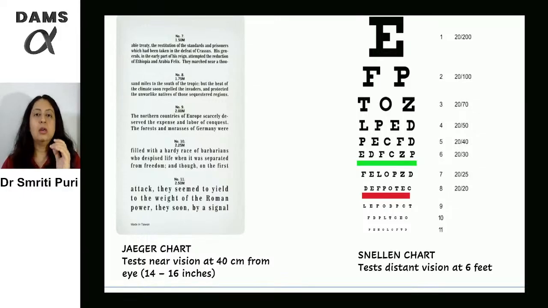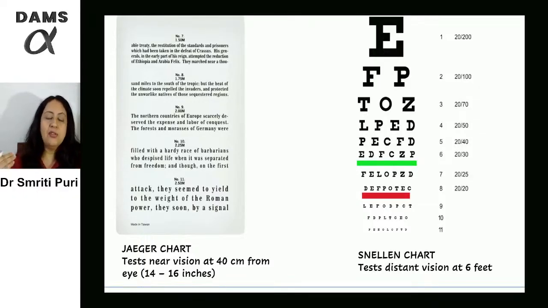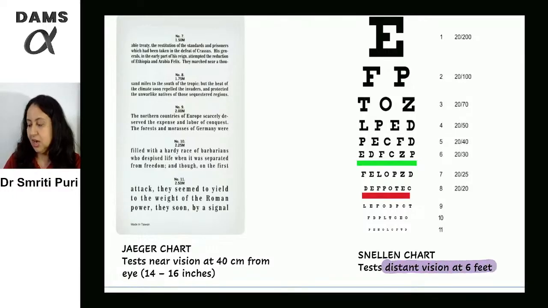This Snellen's chart is placed at a distance of 6 feet from you and you are then supposed to read out this chart. So Snellen's chart is for far vision, or it is used to test distant vision. Please remember, Snellen's chart is used to test distant vision at 6 feet.